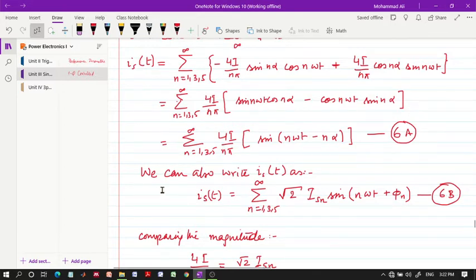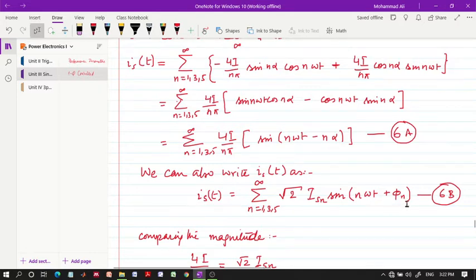By seeing the equation of the waveform of the input current, which is a square wave, we can say that it is a sum of harmonics, and that too odd harmonics, 1, 3, 5 up to infinity, and we are having a magnitude and sine of n times omega t plus phi n.